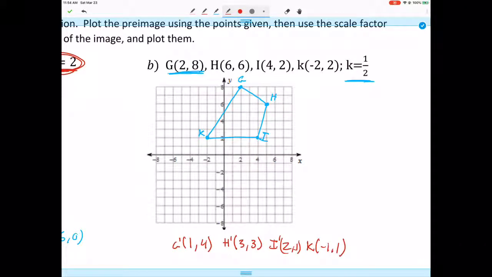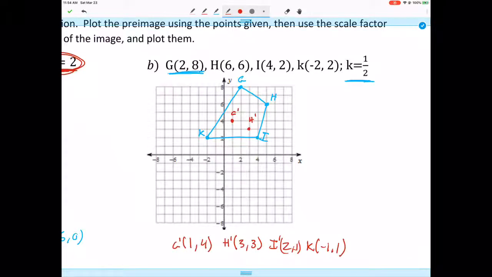Go put those points on. So 1, 4. Oops, did I do something wrong? No, I didn't. 1, 4, which is right here. So this would be G prime. 3, 3, which is right here. This would be H prime.